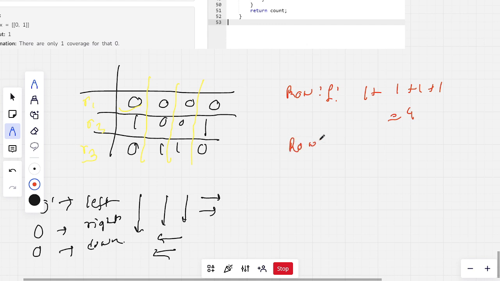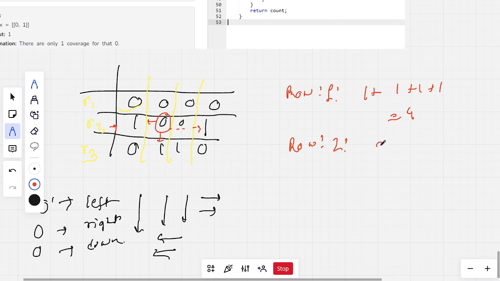Now let's check row number 2. If you check in this particular row, there are 2 zeros possible. And for each of these zeros, how many ones are surrounding? Let us take, for example, this particular zero. It has 1 over here, 1 in the deepest node over here, and 1 over here.